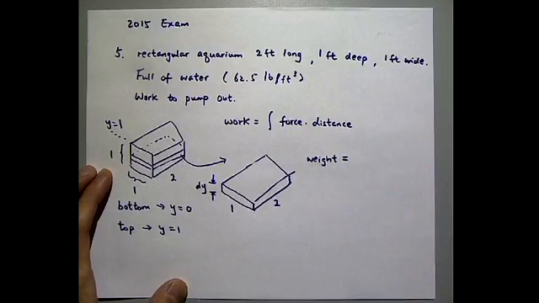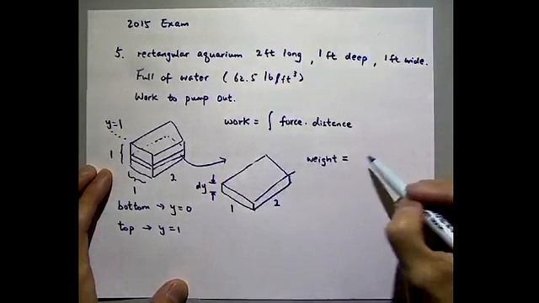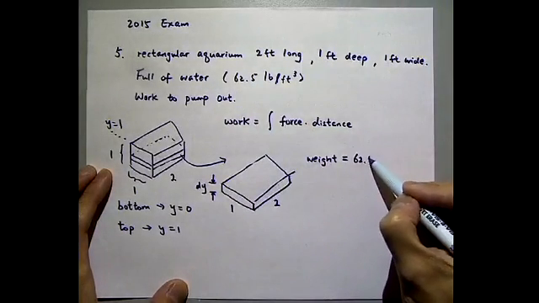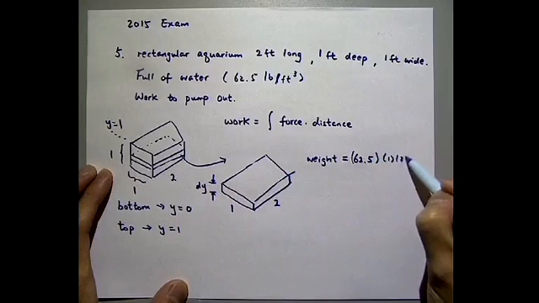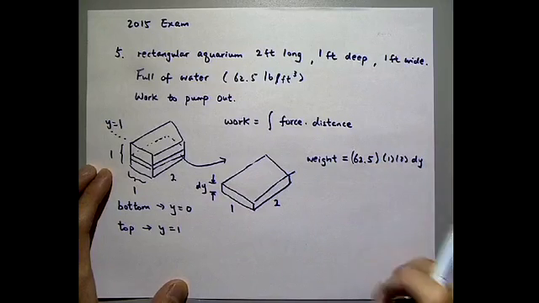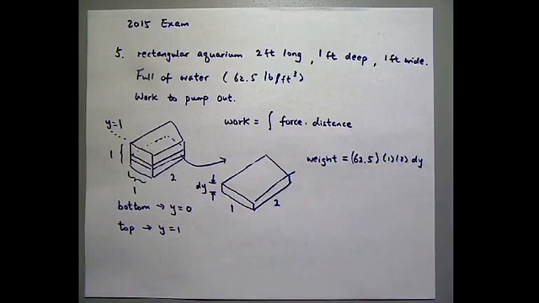Now calculate the weight. Let's find the volume of this. Well, 62.5 is the density, right? And then the volume, length times the width times the height: 1, 2, dy. And that gives you the weight of any one slice of water in the tank.